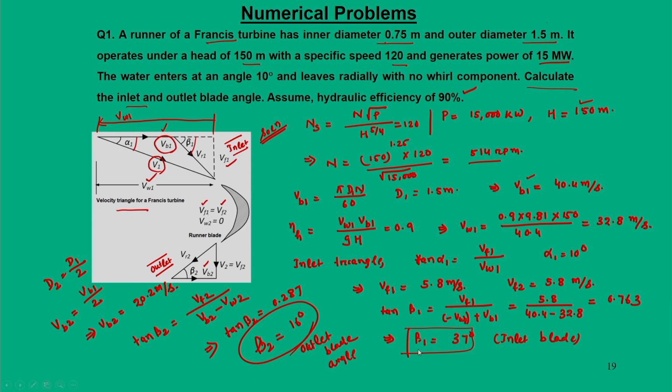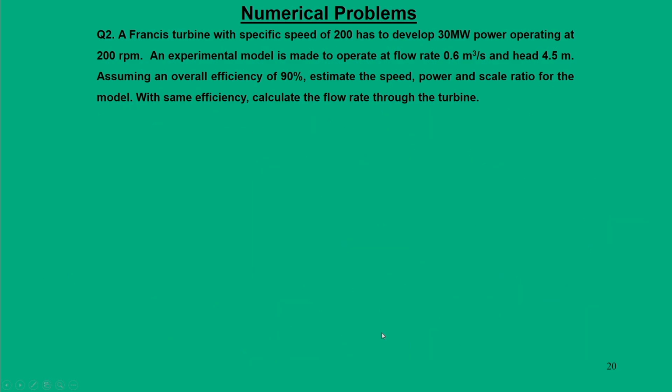Okay. So, this is the first problem, and the second problem is based on the specific speeds. So, we have a model and we have prototype.